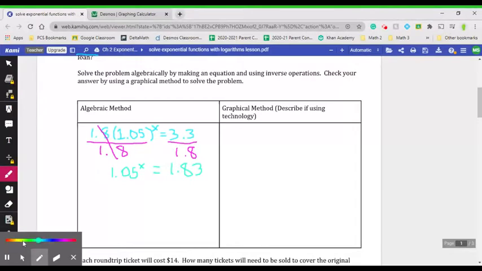That would look like the log of everything on the left side, equal to the log of the right side.